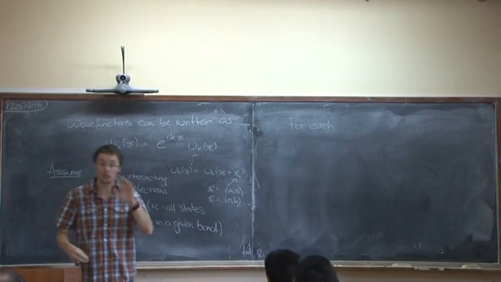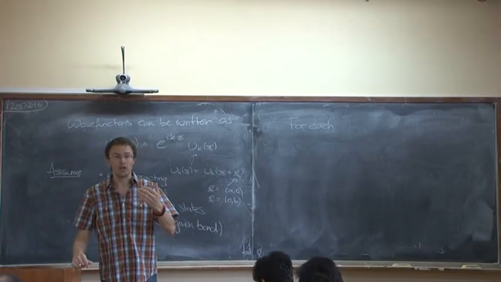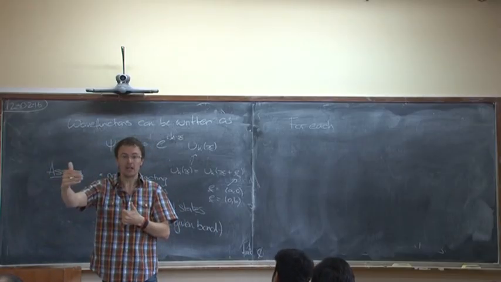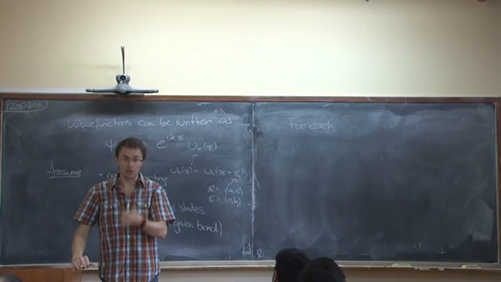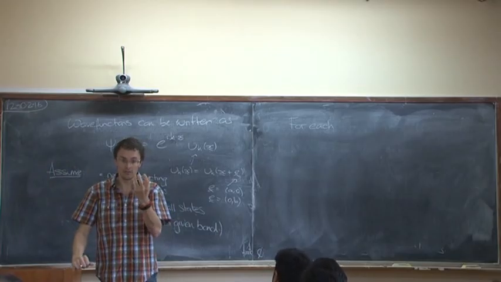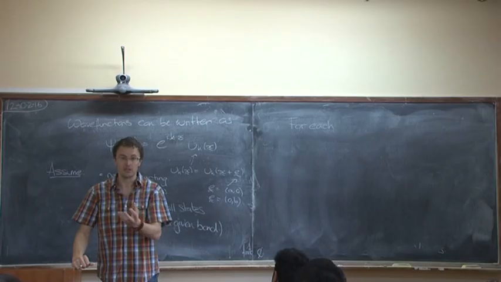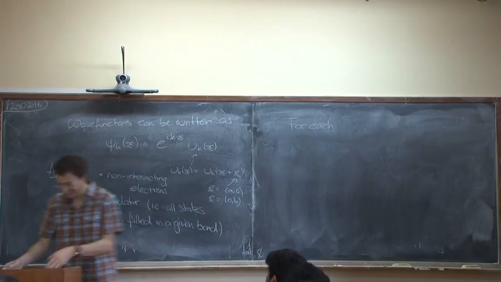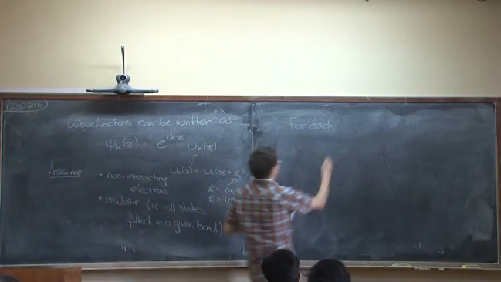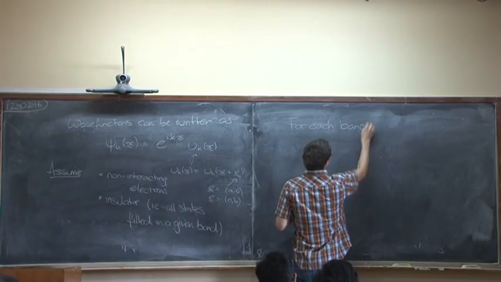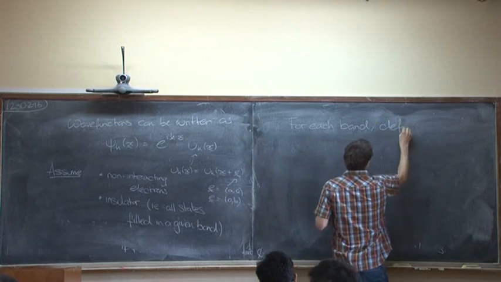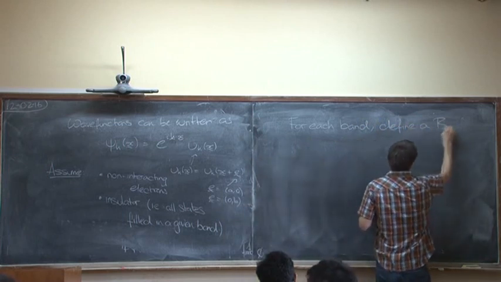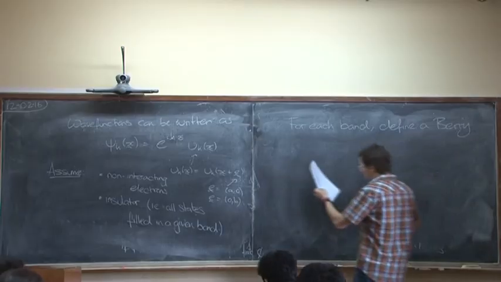There are lots of situations we can consider, but in each of them there's either one band or many bands, and each of those bands is labeled by a quantum number which takes values on a torus. So for each band, we find a Berry connection.